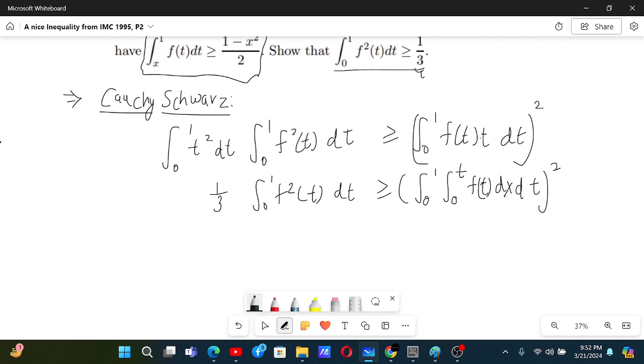So basically here we have t and x. t is going from 0 to 1 and x is going from 0 to t.